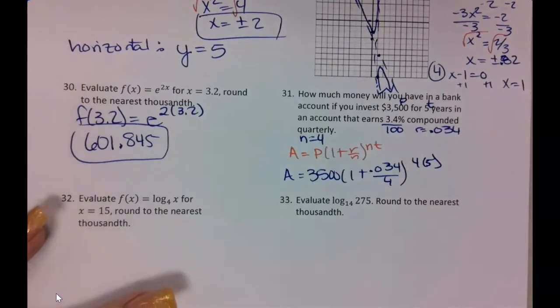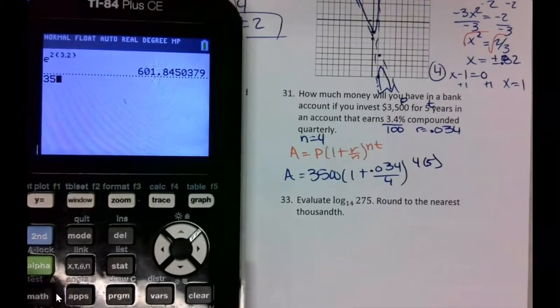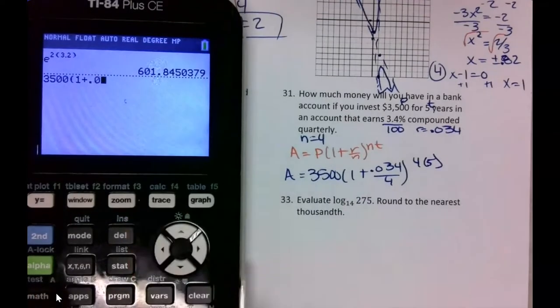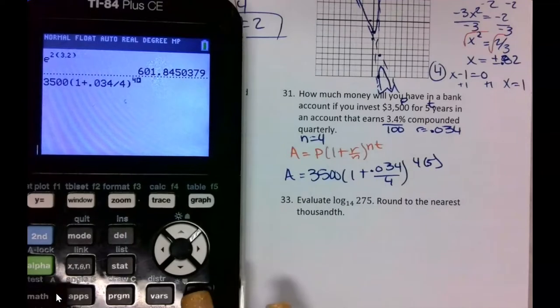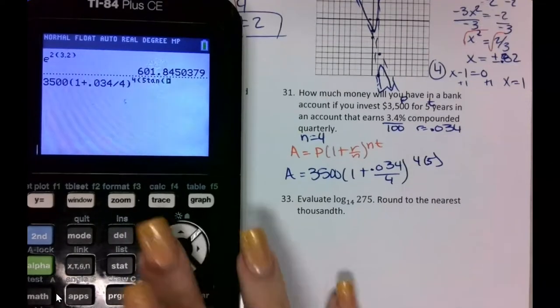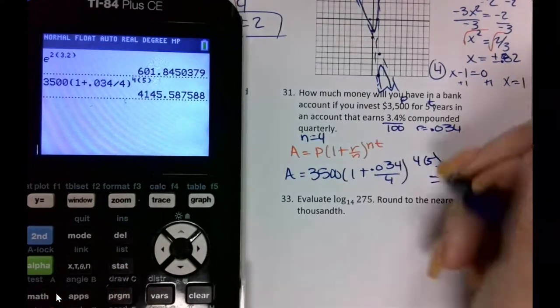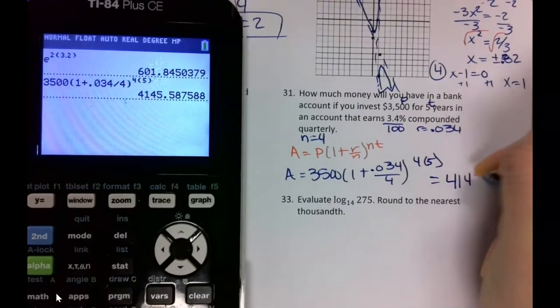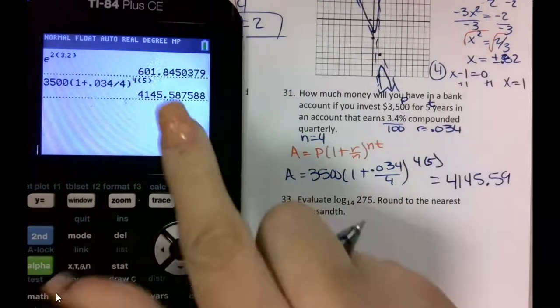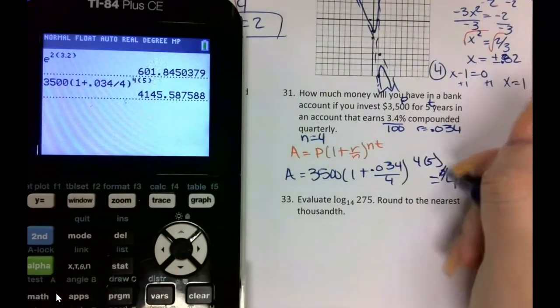And then I would just want to go ahead and type this into my calculator. This is money. Money always goes to 2 decimal places. And because of that 7, I'm going to round to 59 cents.